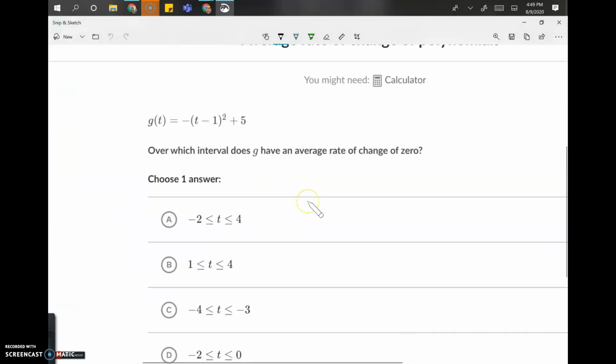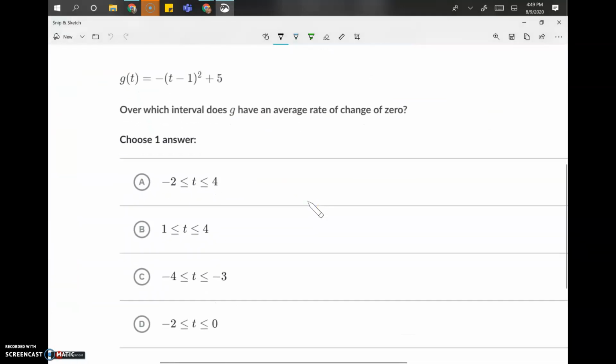Okay, here we're given a function, g of t equals negative t minus 1 squared plus 5 over which interval? And that's an important word to note, interval. Interval just tells you the part of the graph that you're looking between.